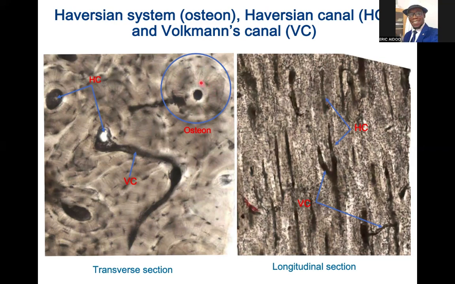And then you even have canaliculi, which are extensions which also help with communication and transport of substances within the bone. So that is a cross section, and this is a vertical or longitudinal section.